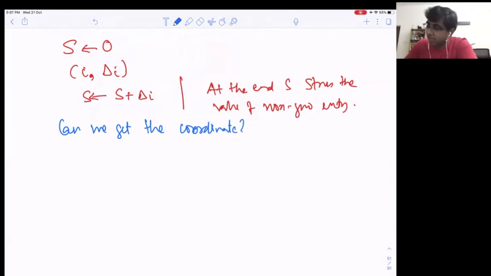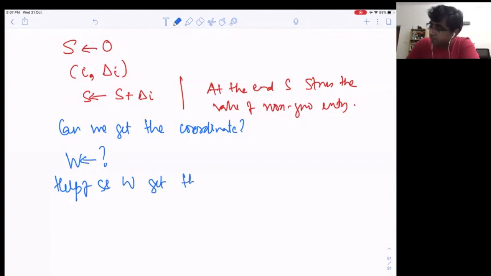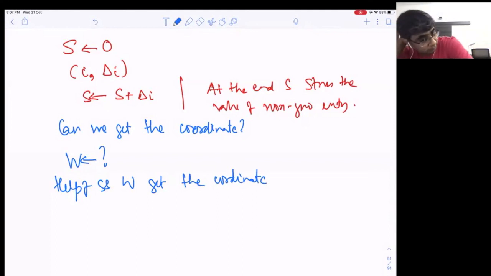What will be the natural strategy to get the coordinate? Can we store something else, say some w, and with the help of s and w, get the coordinate? Anybody? You store S plus I delta I and then divide one over the other. So you would like to store what? Come again?